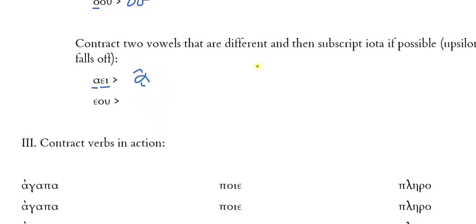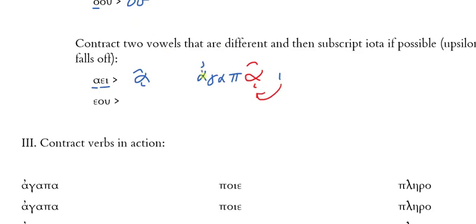So example here. What might we see? Agapa, and then an epsilon iota here, right? This is for third singular. The alpha and the epsilon will contract to long alpha, and the iota will subscript, right? And it becomes that. So there you go.